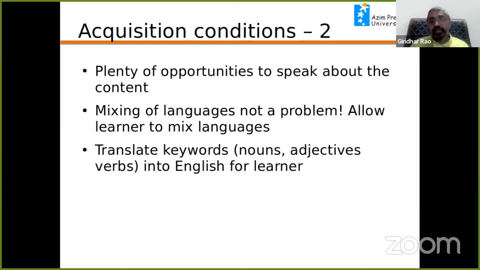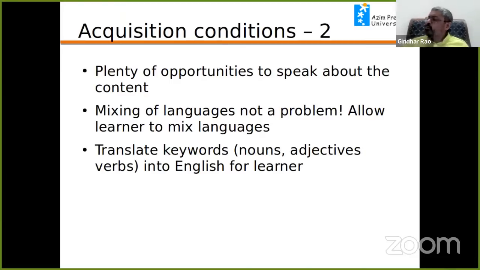So the research indicates that mixing languages is not a problem. Allow the learner to mix languages. As an experienced teacher, you will know that slowly the proportion of L1 will come down and the proportion of L2 needs to increase. But there is no hurry about that. It is not something that can happen in a short span of time.